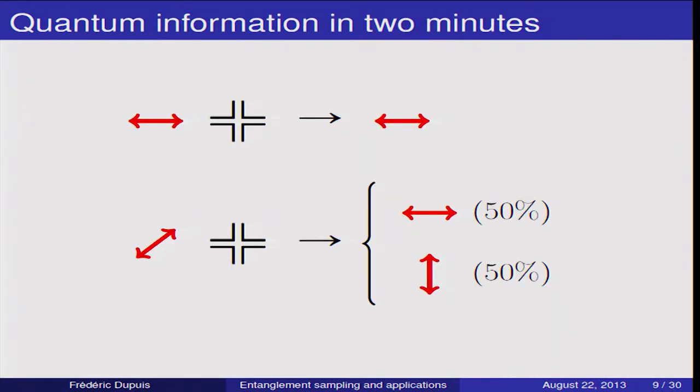And in fact, all you'll have to know for this protocol is that, let's say you have a qubit that is horizontal, and you measure in the horizontal-vertical basis, so you ask whether the photon is horizontal or vertical, then you'll get the right answer with probability 100%. Now, if you do the same measurement, but you input a photon that's 45 degrees off from the question you're asking, then you'll get a random answer. You'll get either horizontal with probability 50% or vertical with probability 50%.